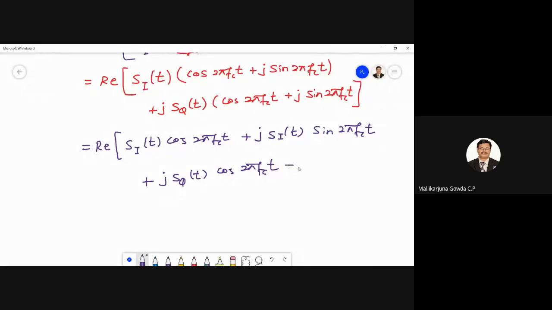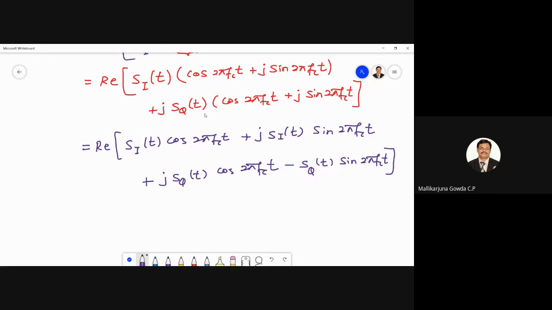So I can write that as minus s_Q of t into sin 2 pi fct. Is that fine?